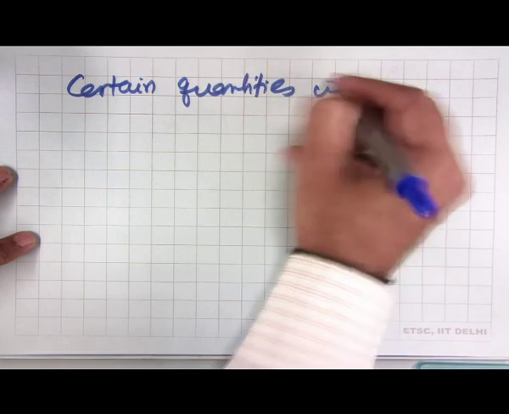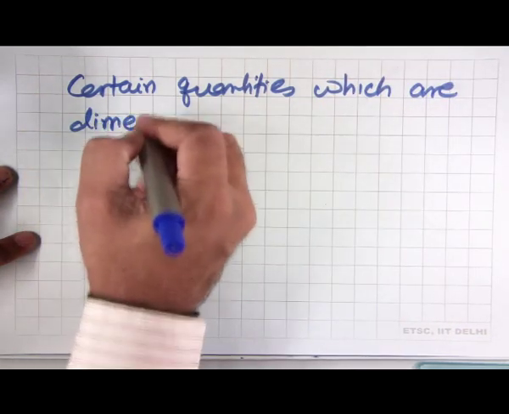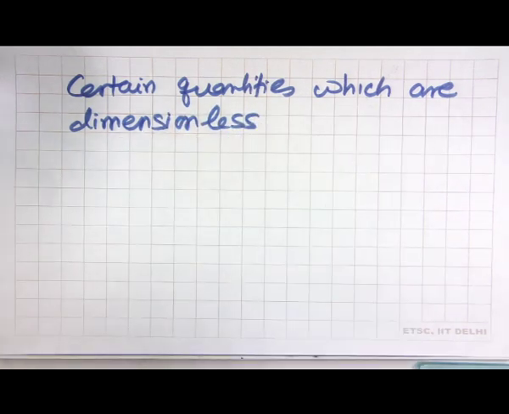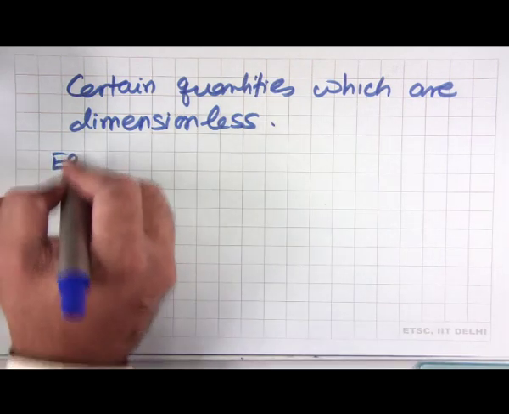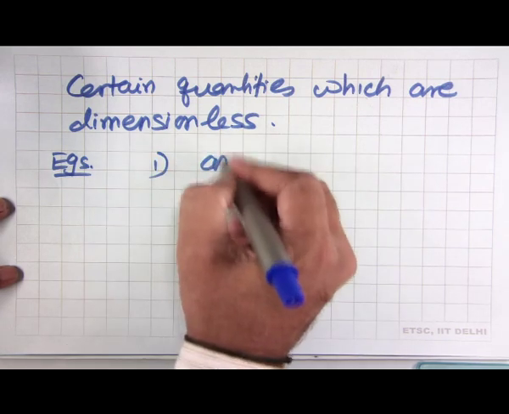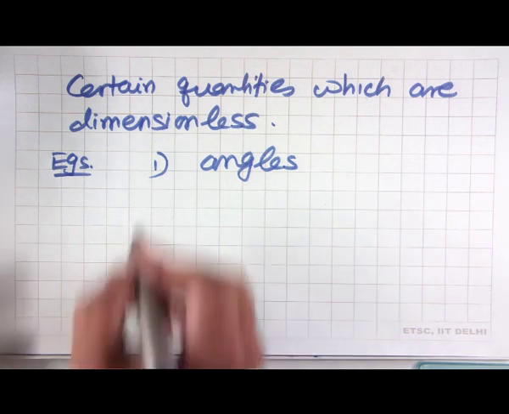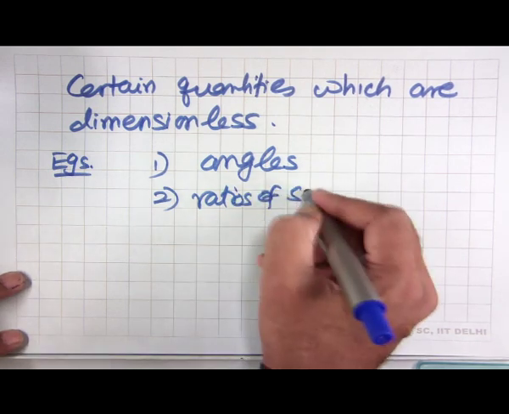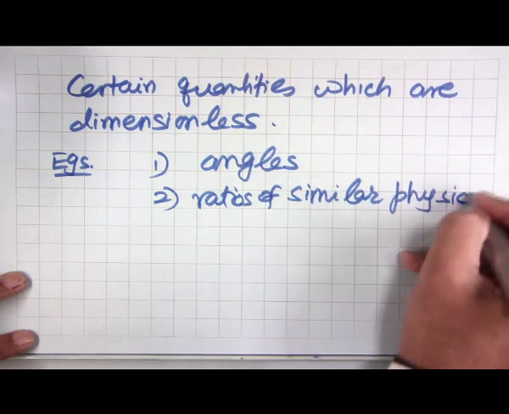which are dimensionless, and using dimensional analysis we cannot do anything about the dimensionless quantities. Examples of dimensionless quantities: first one is angles. All angles which we measure are dimensionless. Or we could have ratios of similar physical quantities.